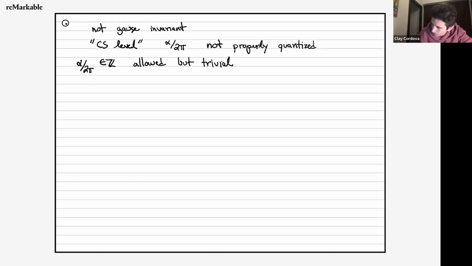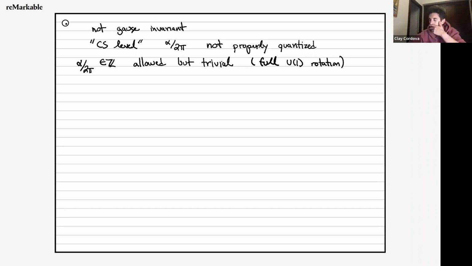This is like doing a 2 pi rotation in U(1). It's the nothing transformation to take alpha over 2 pi to be an integer, because alpha was the angle by which we were trying to do this rotation.